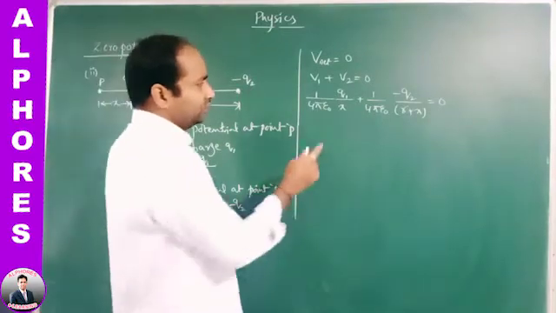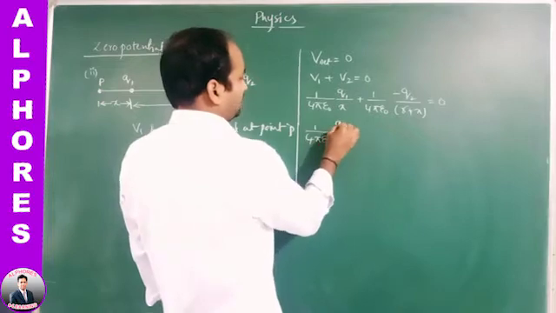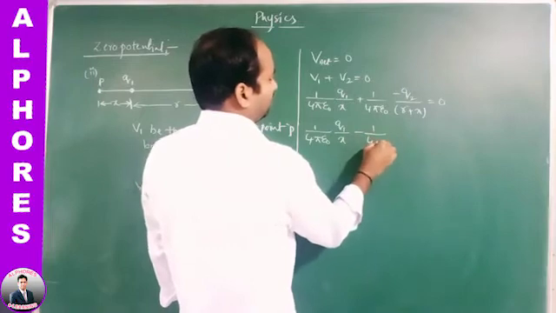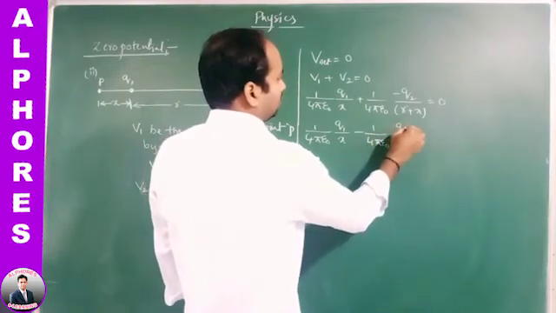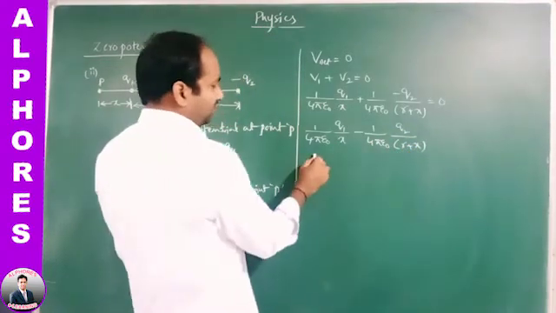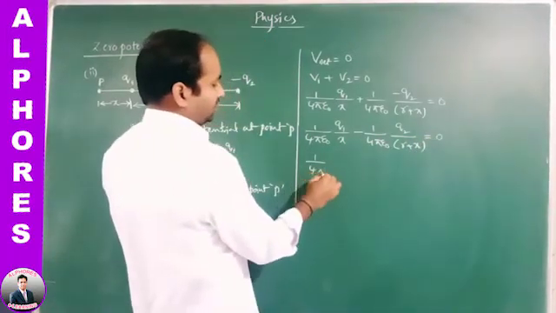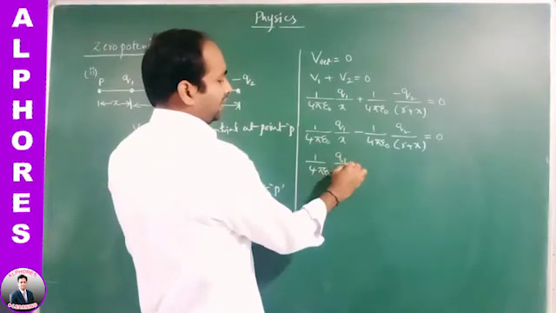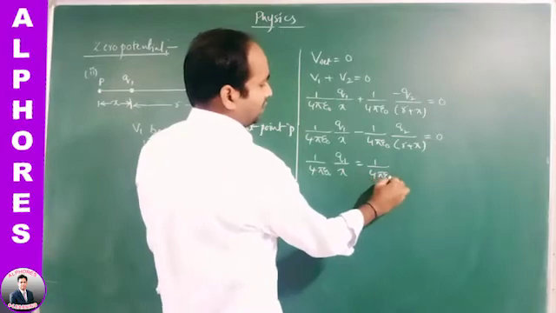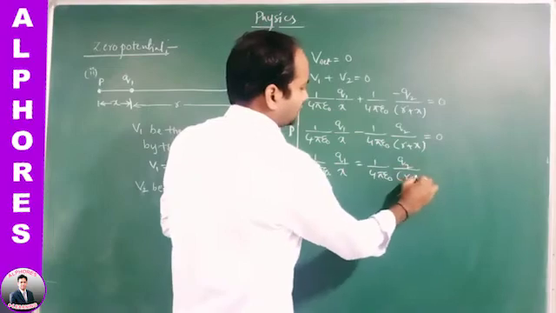This can be written as 1 by 4 pi epsilon naught q1 by x is equal to 1 by 4 pi epsilon naught q2 by r plus x.